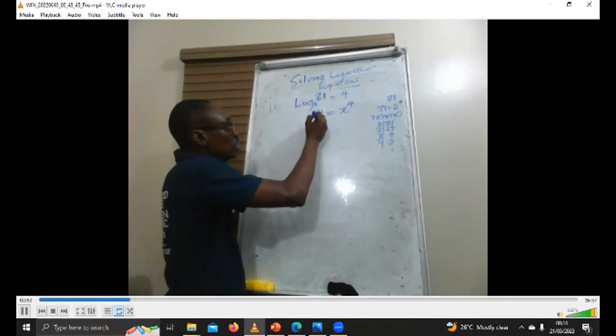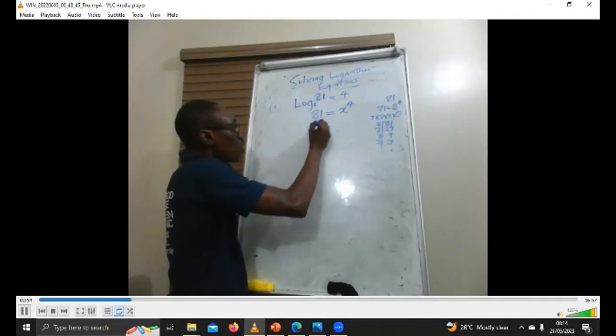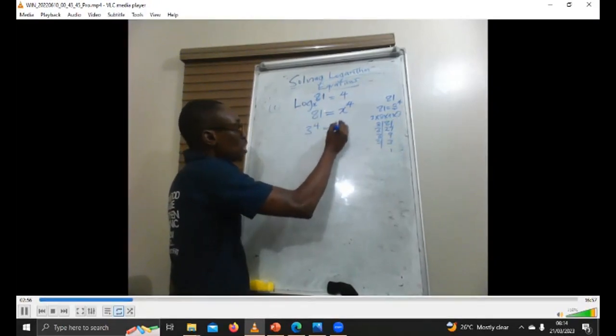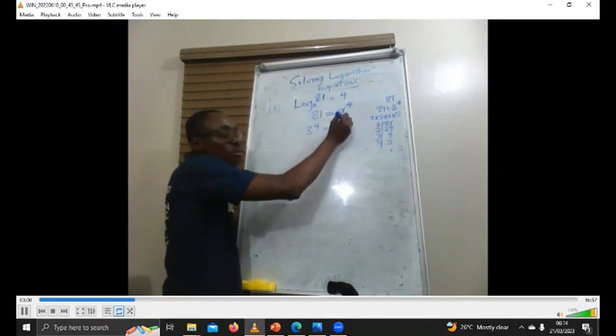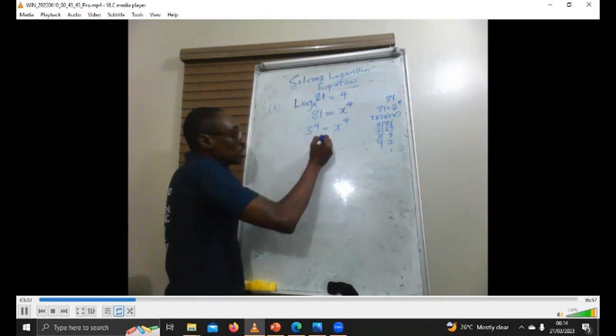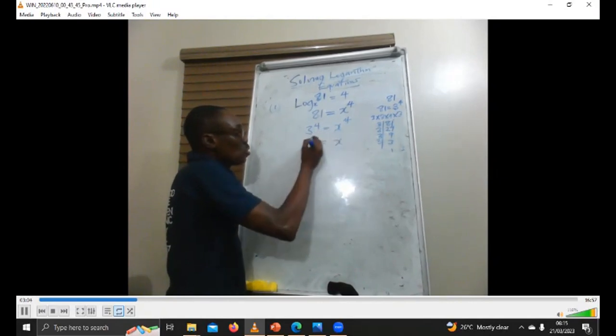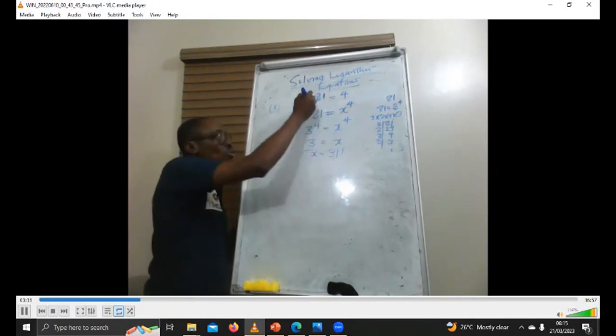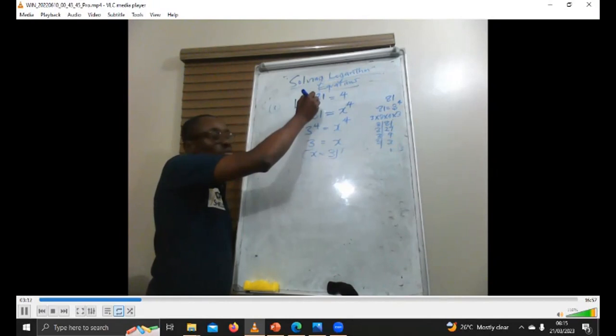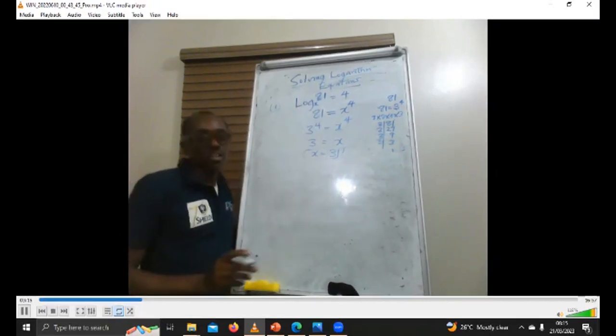So we can replace 81 here with 3 raised to power 4. So 3 raised to power 4 equals x raised to power 4. You have power 4 here, power 4 here. So that means x is equal to 3. Final answer: x is equal to 3. So log of 81 to base 3 will give you 4.